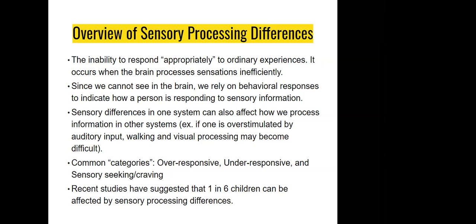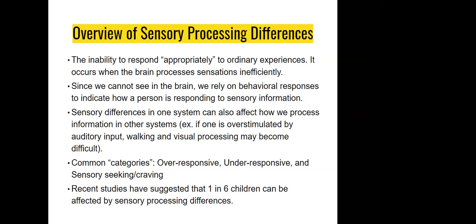And then I did some research on the recent studies out there, and they are saying 1 in 6 children can be affected by sensory processing differences. And they could be comorbidities of other related or mental health issues or autism, but they can also be standalone issues.